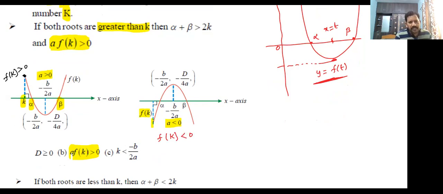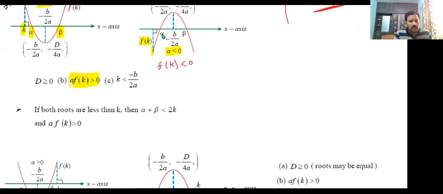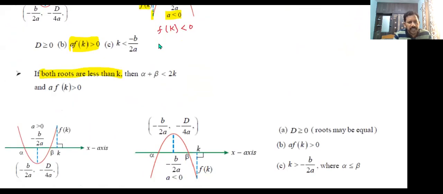Both the roots are greater than k. In that case, whether a is greater than 0 or less than 0, whatever it may be, what is the condition? A into f of k greater than 0. Remember it. Both the roots are less than k. That means k is comparatively more than alpha and beta. In this case, a is greater than 0 and observe here, f of k is positive.